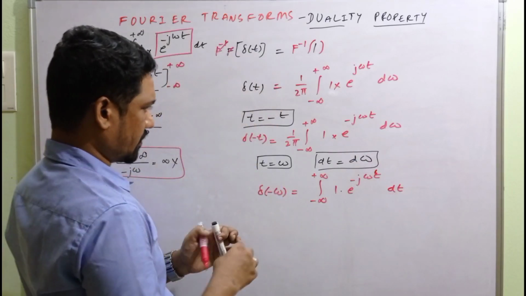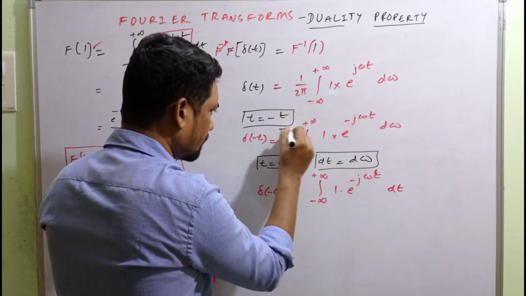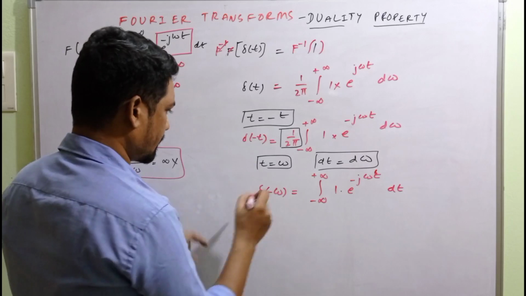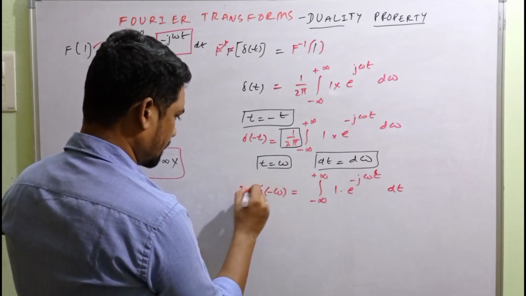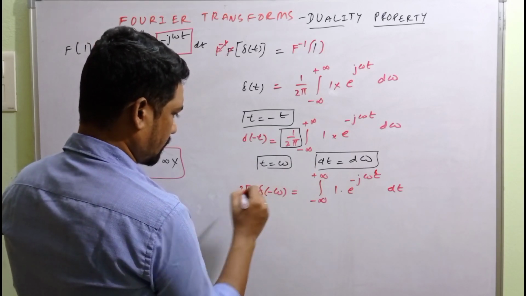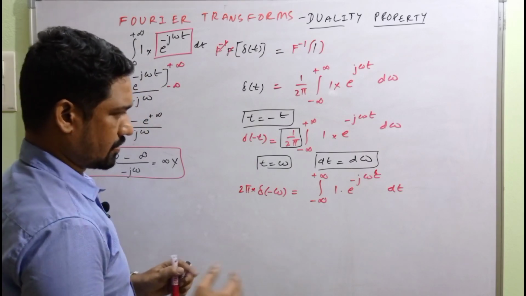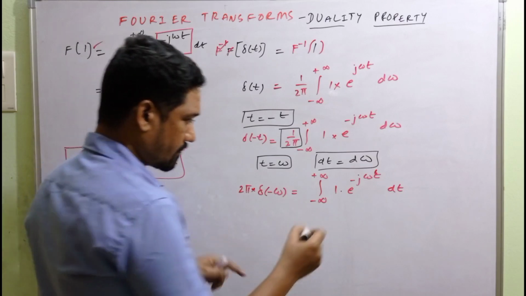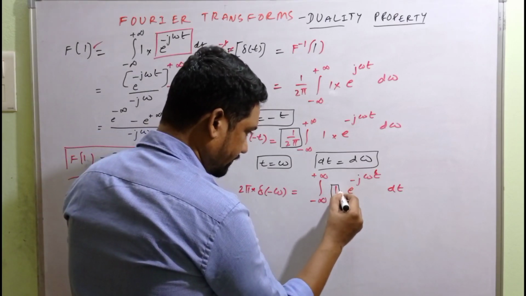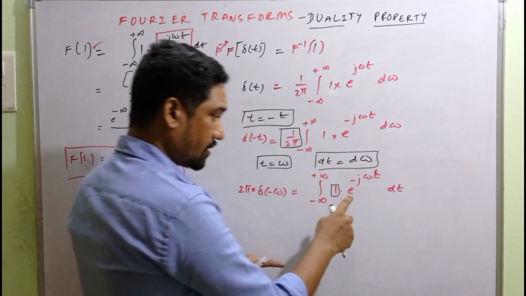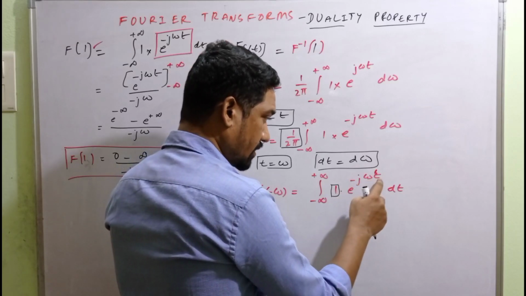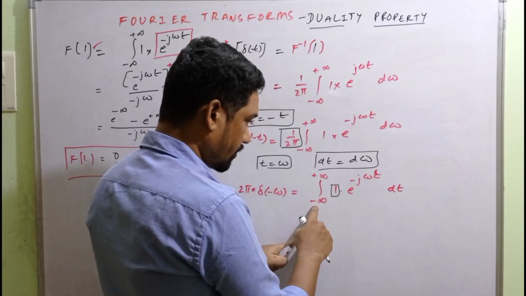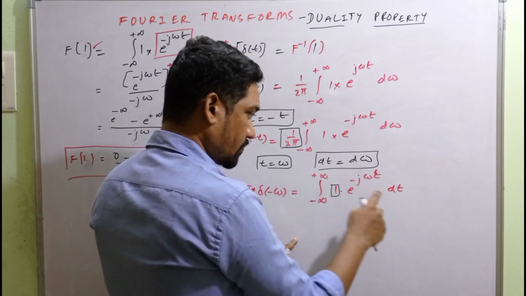Guys, what about this one? 1 by 2 pi, can that be brought to this side? It's dividing, so it will be multiplying on this side. So have a careful look at this expression: the function 1 is multiplied with e raised to minus j omega t and integrated from negative infinity to positive infinity with respect to t.